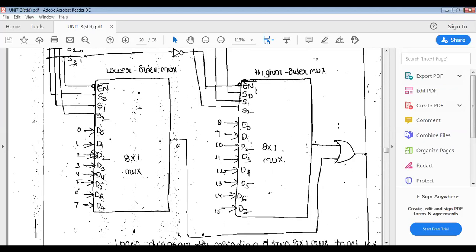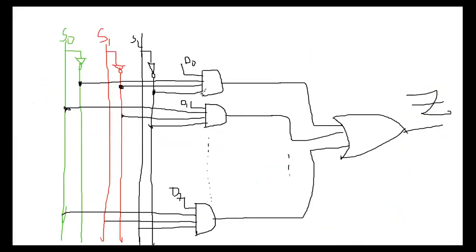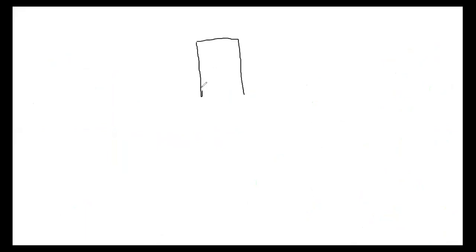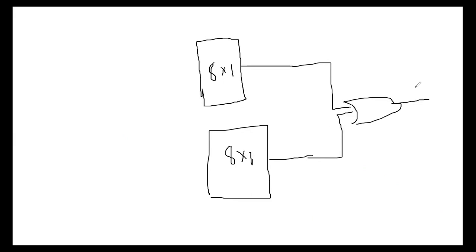Understood, my dear students? Otherwise, I will draw it in a simple way. See, an 8 by 1 MUX here, and another 8 by 1 MUX I am taking here. For these two outputs, we combine the two outputs with an OR gate, and Z is the output.